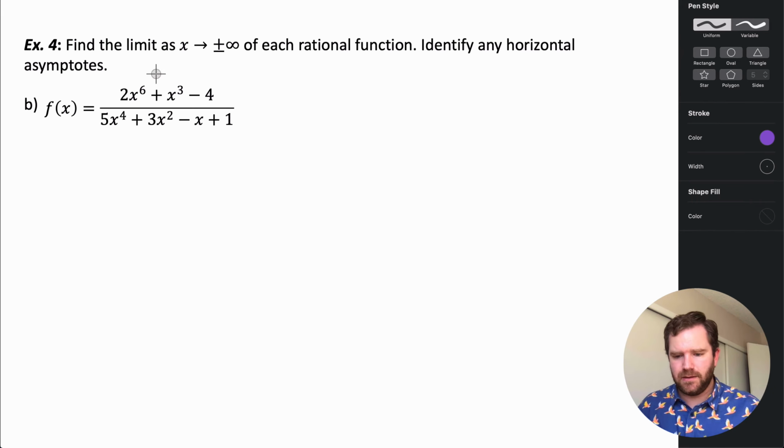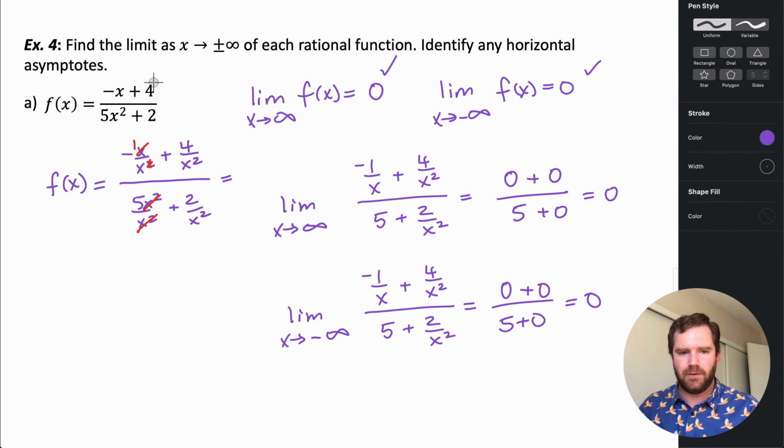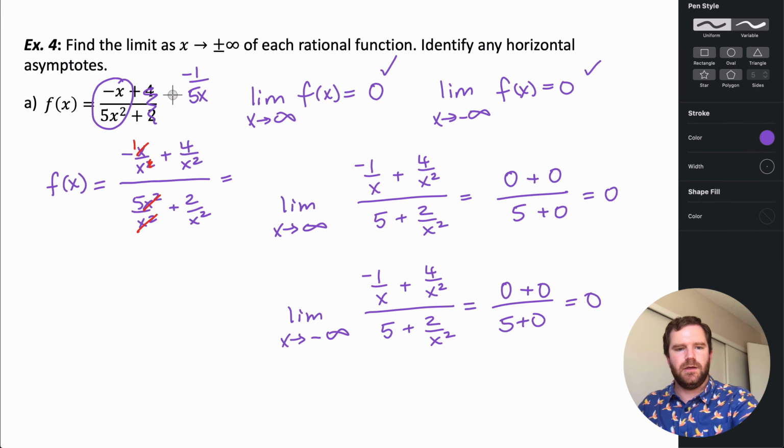In this last problem, we could have just looked at these first two terms and ignored these because they're pretty much insignificant. If we did that, we'd end up with negative 1 over 5x. If I plug in infinity in that, it gives me 0. If I plug in negative infinity, it gives me 0.